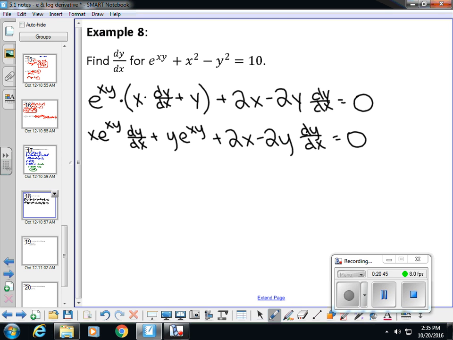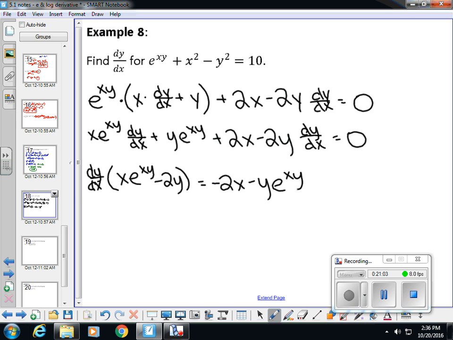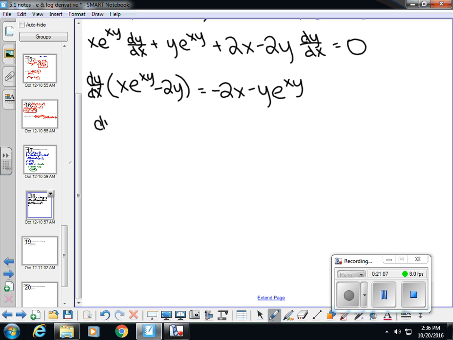So I brought all my dy dx's to the left, so x and then minus 2y. Then I brought the other stuff over, negative 2x minus y. So then I end up getting that dy dx equals negative 2.